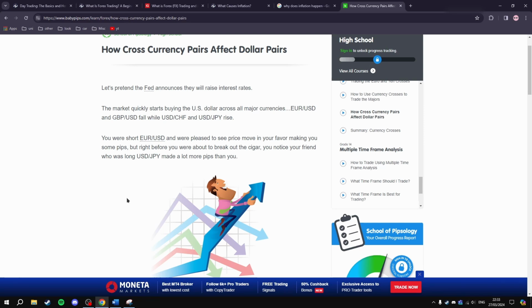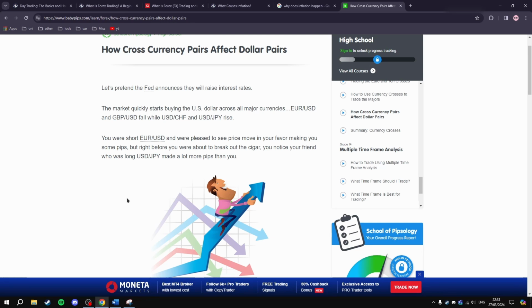Wait, so if the market quickly starts buying the US dollar, why do EUR/USD and GBP/USD fall? So it takes however many USD to buy 1 euro, and however many USD to buy 1 GBP.